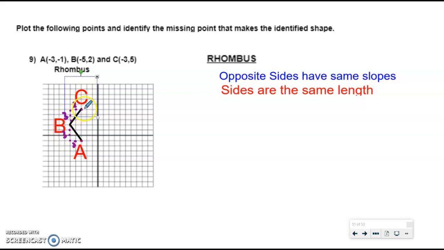So if I look at this rhombus, it's going to have this same slope because opposite sides are the same. So if I go up 1, 2, 3 over 1, 2, that's going to get me point D. And that's going to be at negative 1, positive 2 for D.